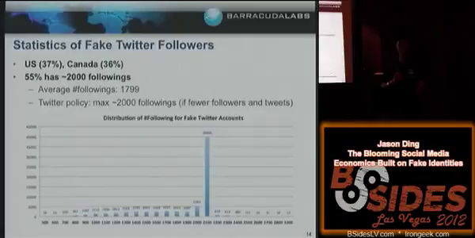Some other geographic statistics: the US is 37%, Canada 36%. And 55 of them have around 2,000 followings, which means those accounts sold out 2,000 followings and don't do more. So that's it: they are going to create many more fake accounts to get more business.